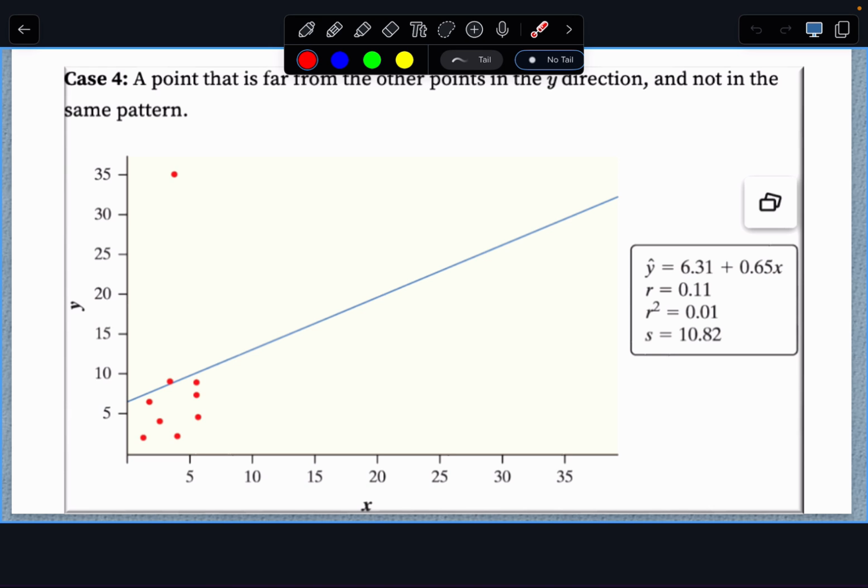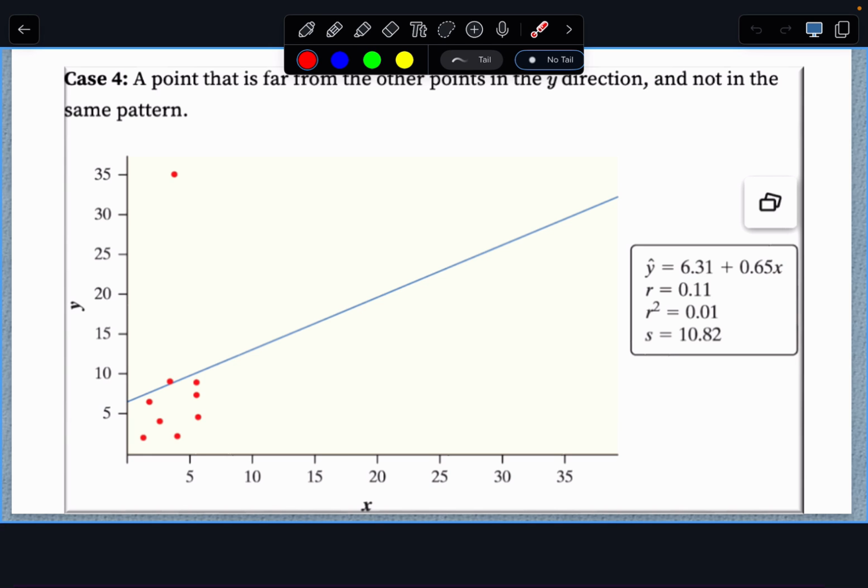Now, since it's pulling at the middle, and again, it's kind of hard to see that because the graph is set up in a weird way, it's going to pull the seesaw up, but it's not going to affect the slope of it hardly at all. It's just pulling the whole thing up towards itself. So it does affect that y-intercept. It increases it by quite a bit, but it's not going to affect the overall slope.